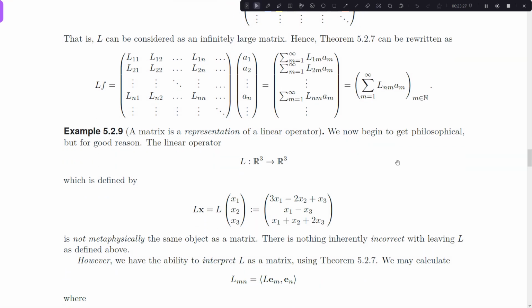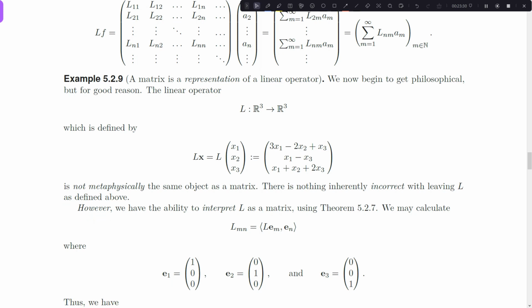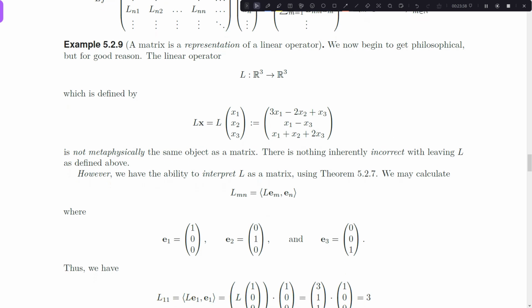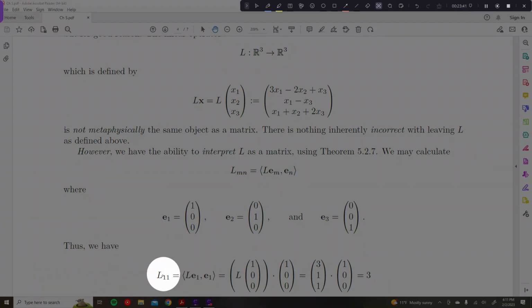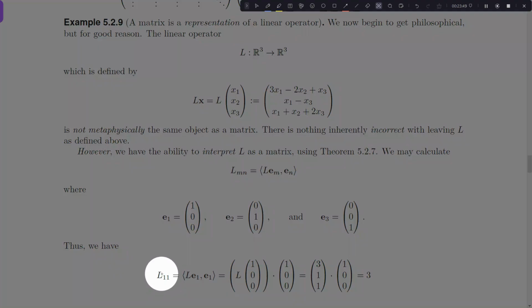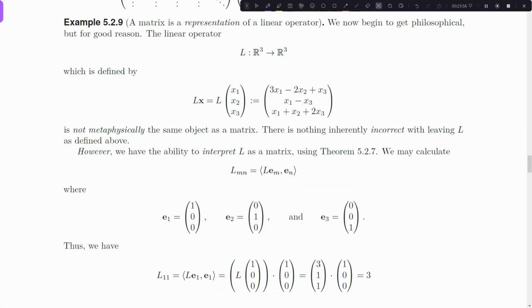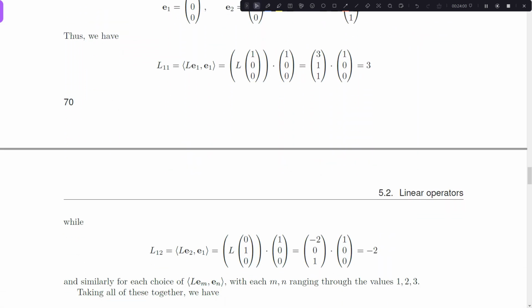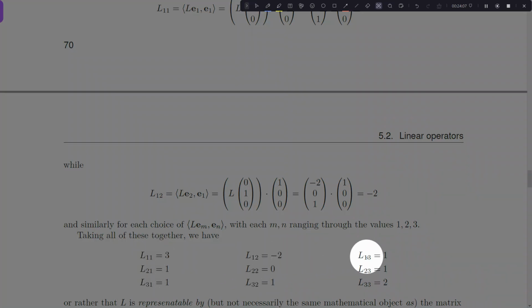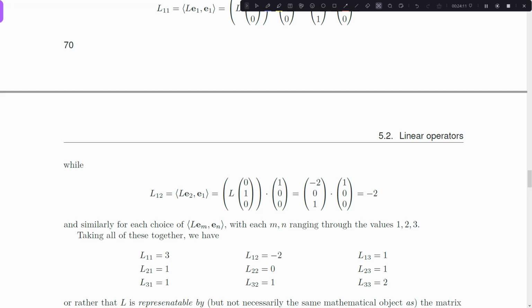And if I were to represent it as a matrix, I can calculate its representation using the standard orthonormal basis, (1,0,0), (0,1,0), and (0,0,1), and I can find out that the entries of my matrix are precisely L11 is L e1 against e1 dot product, and if I compute those dot products, I get 3 for L11, I get -2 for L12, and if I continue all the way around, I get that every single L_ij can be computed from the inner product of L applied to one orthonormal vector with the other.